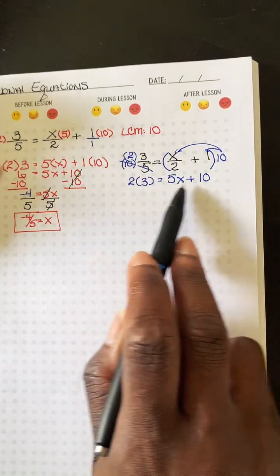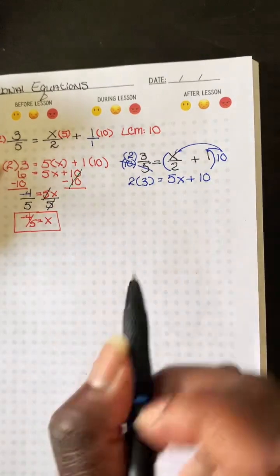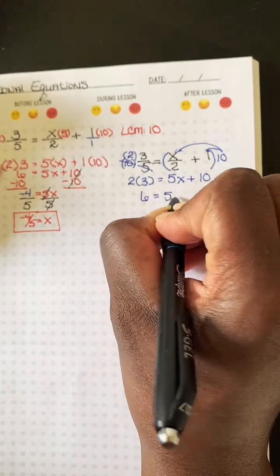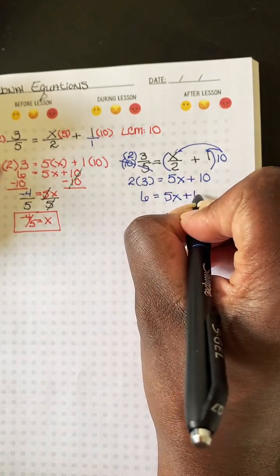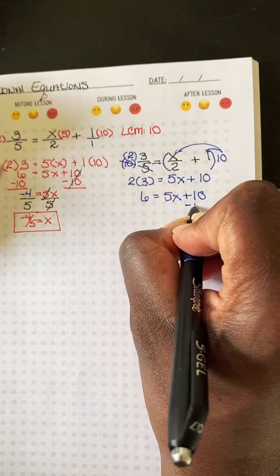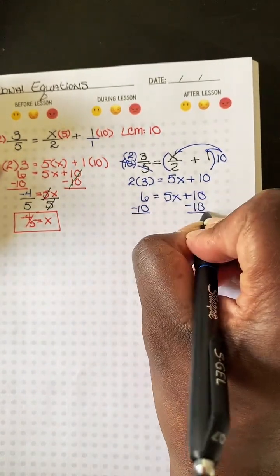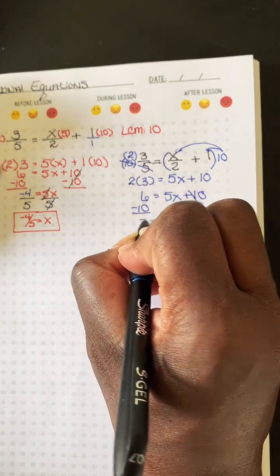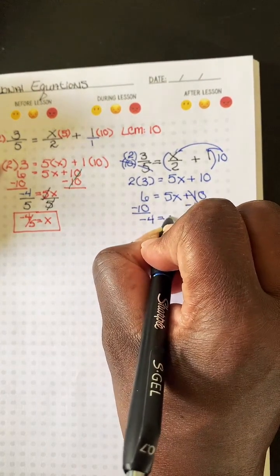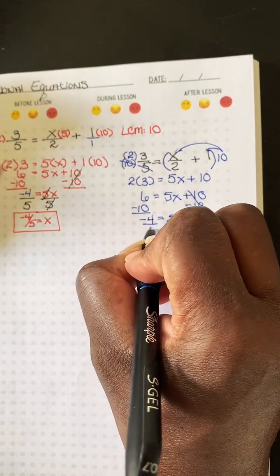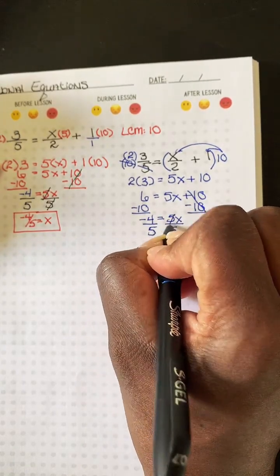That looks familiar. So we'll have our 6 is equal to 5x plus 10. Subtract 10 on both sides. That gives me my -4 is equal to 5x. And divide both sides by 5.